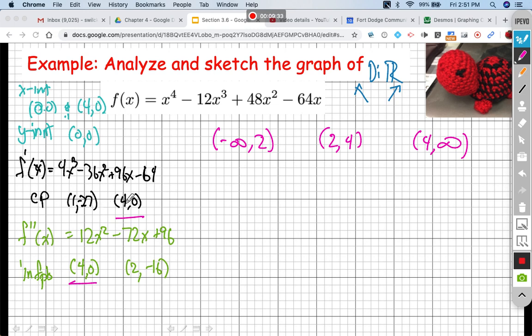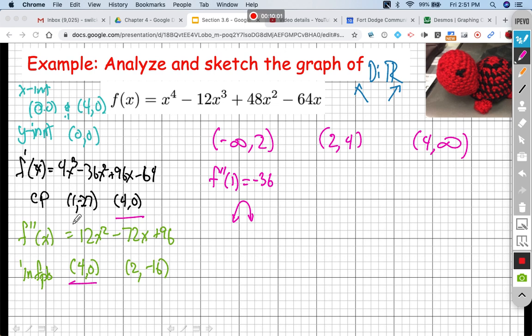So if we start with our critical points, 1 is here. If I look at the second derivative at 1, the second derivative at 1 equals a negative 36. So at point 1, this is concave down.